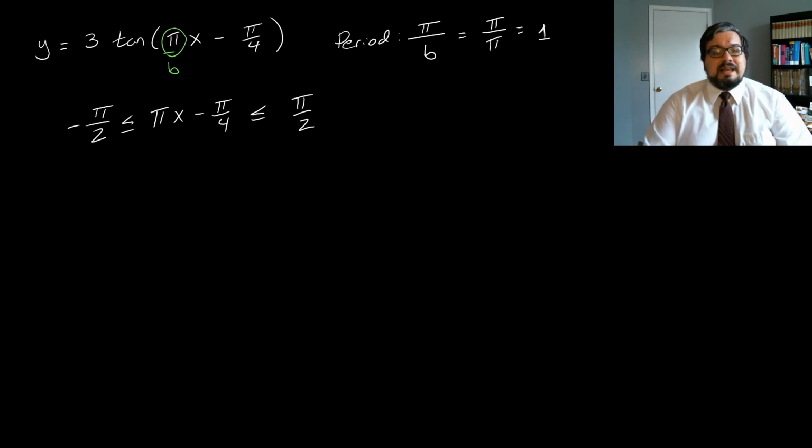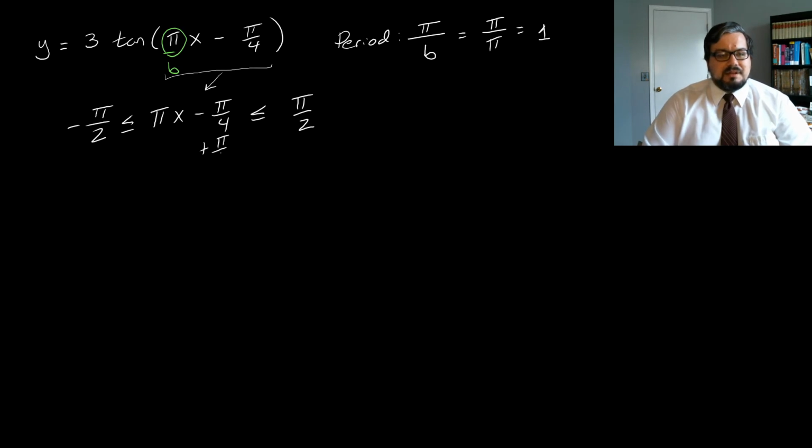So we're going to take the whole expression that's inside the function tangent, set it between negative pi over 2 and pi over 2, and solve for x. The interval we get out of that will tell us what the interval is where our function tangent accomplishes one of its cycles.